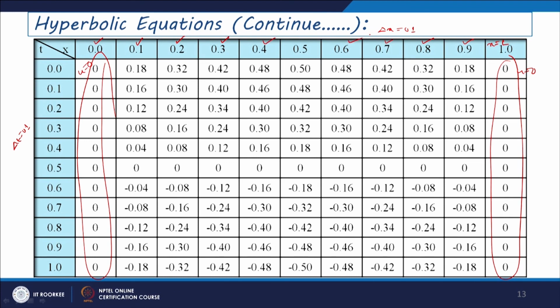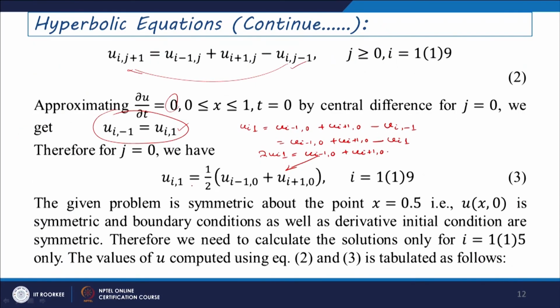So, for the first point calculation, if you see here, this takes the values as u(i, 1) here. So, j equals 1, if you put these values from i equals 1 here, this can be considered as u(0, 0) here plus u(2, 0) here.